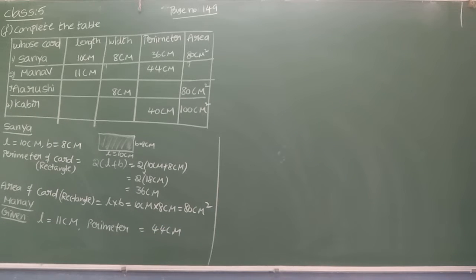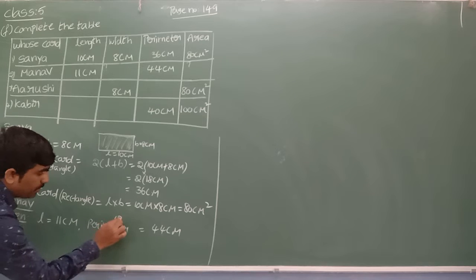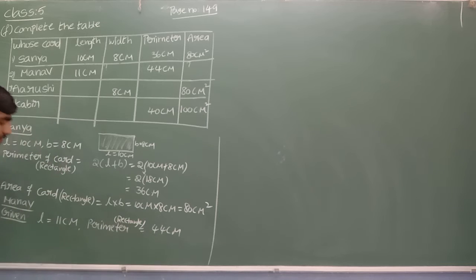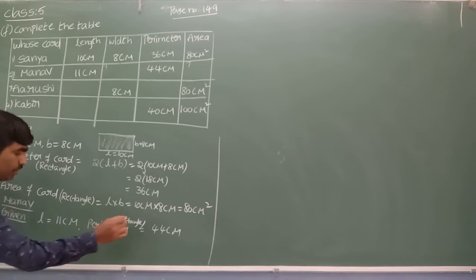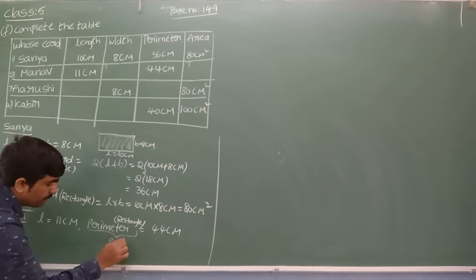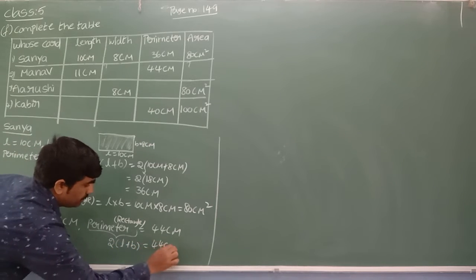Perimeter is equal to 44 centimeters. Now here it is a rectangle shape, so let me write here perimeter of a rectangle. What is the formula to find the perimeter of a rectangle? 2 into (L plus B) is equal to 44 centimeters.